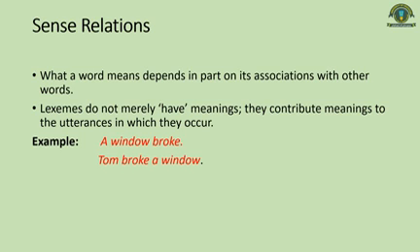So part of the meaning of elapse is that it goes with hours, seconds, minutes or days, but it does not go with John. And the meaning of the words hour, second and so forth is that these words can co-occur with elapse.